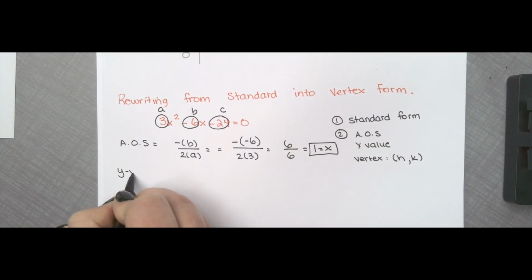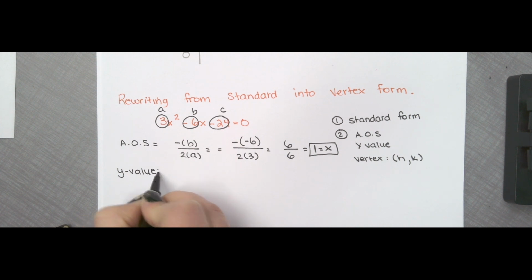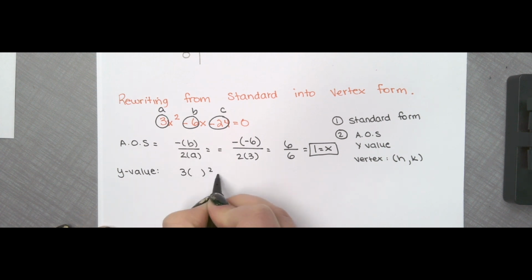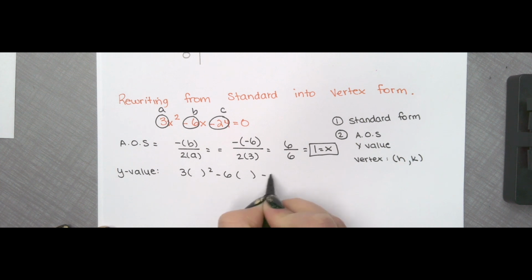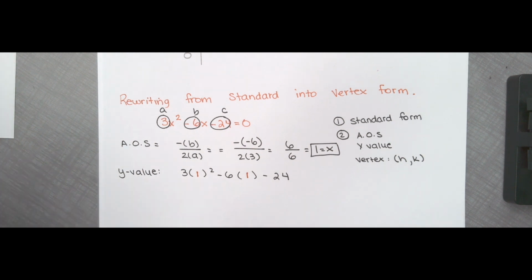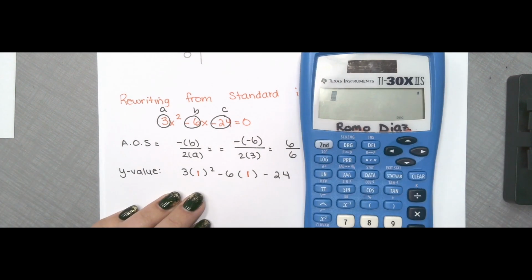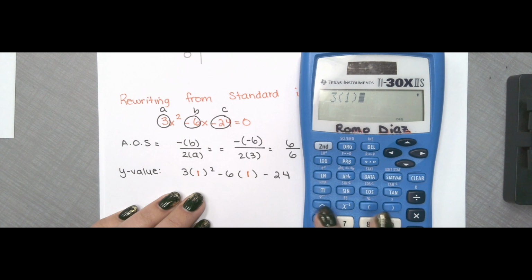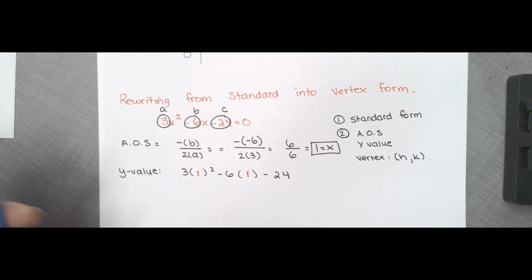Y value, copy down the equation. Plug in your x value, in this case 1. Pick up your calculator, type it in exactly how you see it. 3 parentheses 1 parentheses squared. Minus 6 parentheses 1 parentheses minus 24, we get a -27.